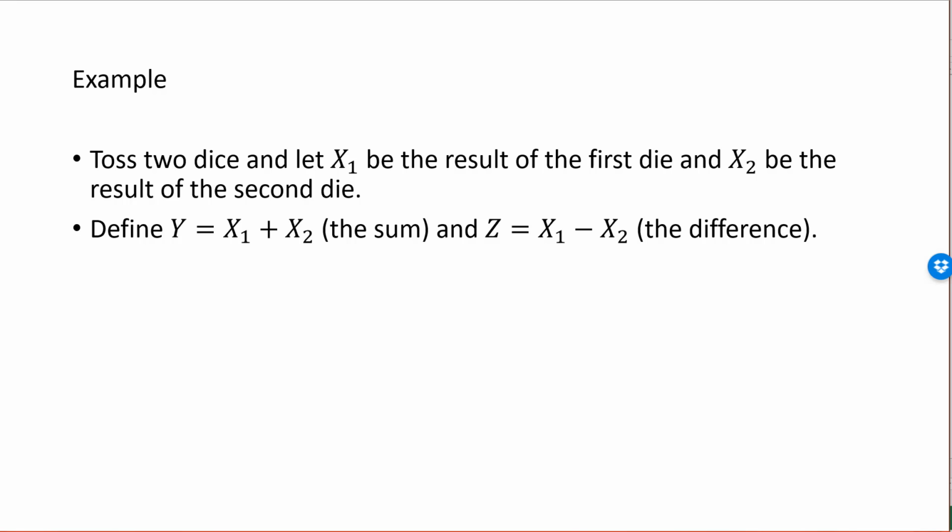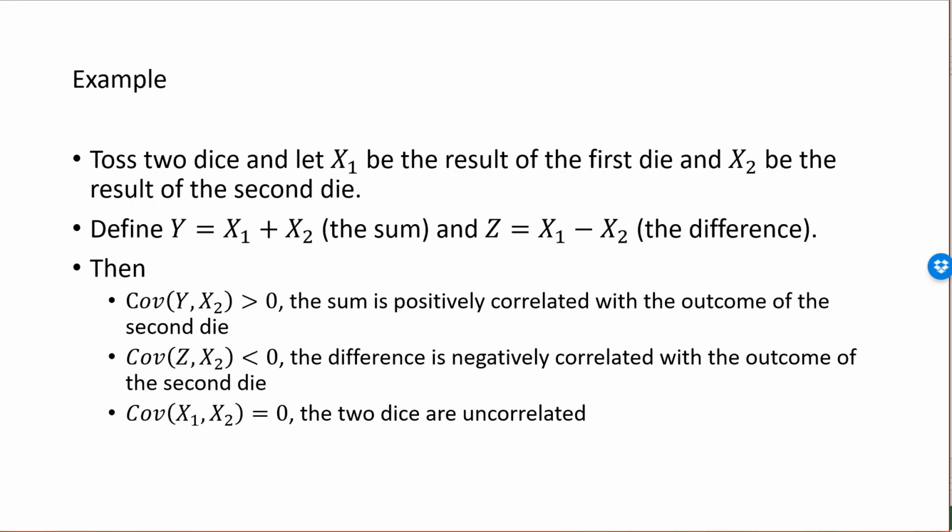I mean, of course, there is no certainty here, but in general, that tends to happen. And the general tendency is enough here. So the covariance between y and x2, just like the covariance between y and x1, must be positive. The sum is definitely positively correlated with the outcome of the second die and with the outcome of the first die.